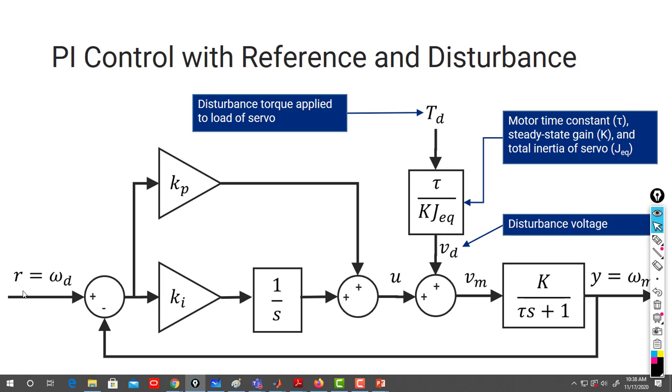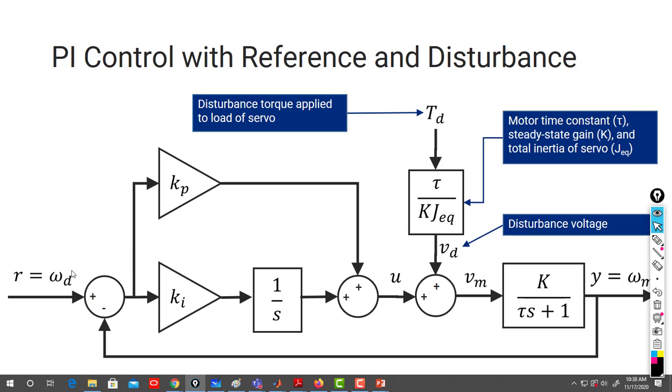So now I take my R equals 0, as we learned, and we try to find the transfer function that relates my disturbance to my output Y. Okay, so if I take this input equals 0, remember it's a linear system, I can take this 0 and then find the output, and later take this 0 and find the output, and my output actually is the summation of 2 because it's a linear system.